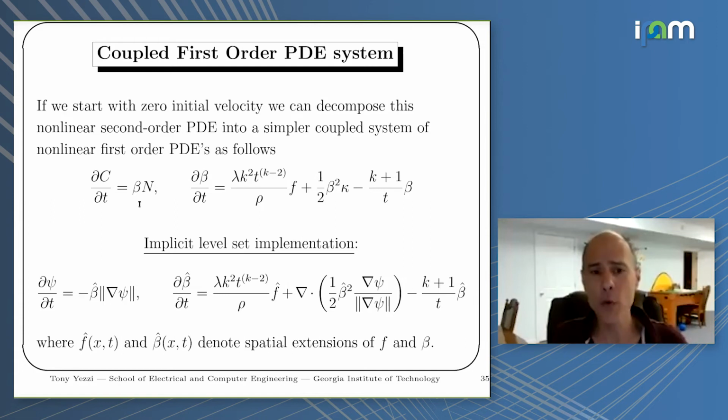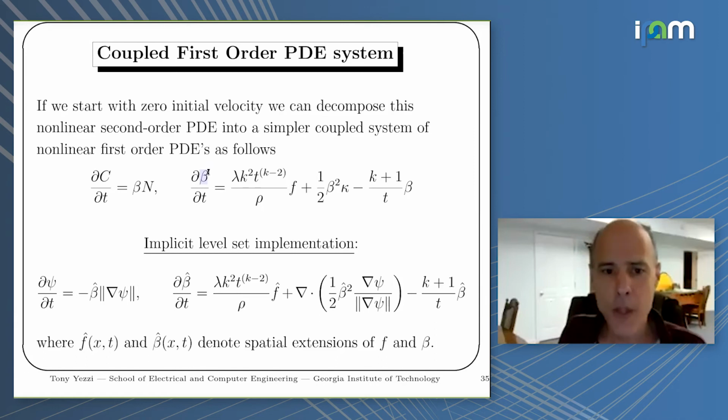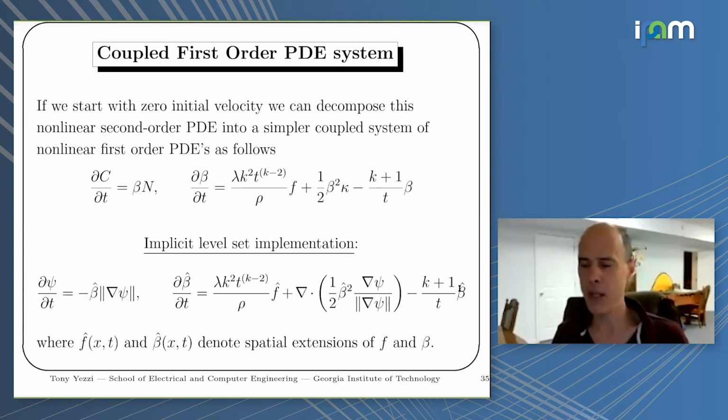Now if you write down the implicit level set representation of this, you have to define the normal speed in a neighborhood around the curve. We'll call that the extension B hat, and psi will be the level set function itself. So you get this coupled evolution of the level set function as well as the extension of it in the neighborhood of the zero level set. These are the two things that you evolve in parallel with each other.